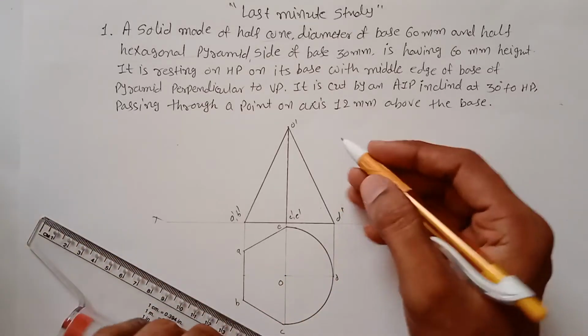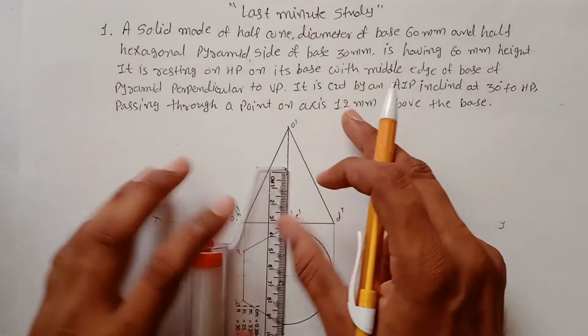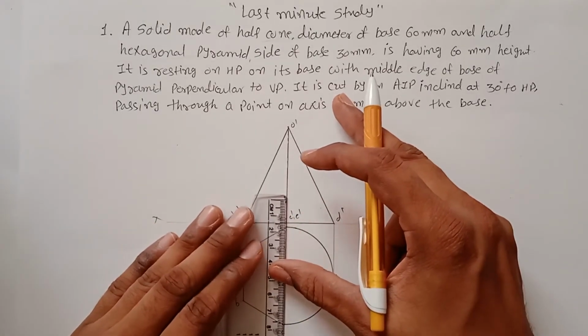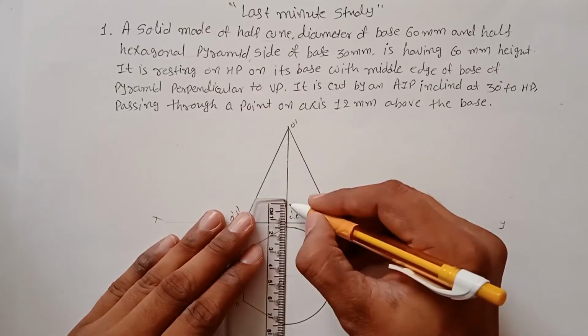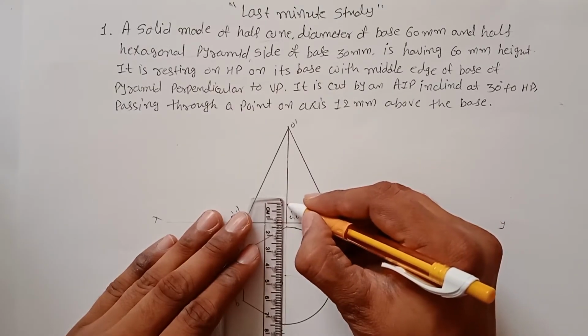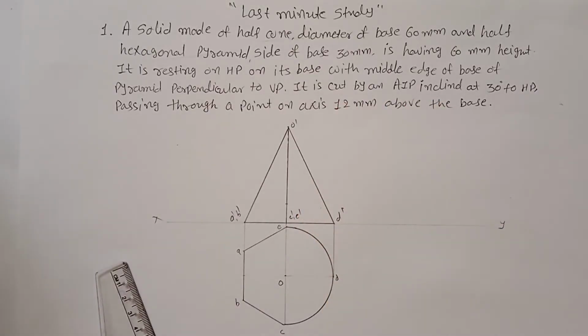So first of all I will draw the cutting line that is 12 mm above the base, which is around here, and at an angle of 30 degrees with the HP.